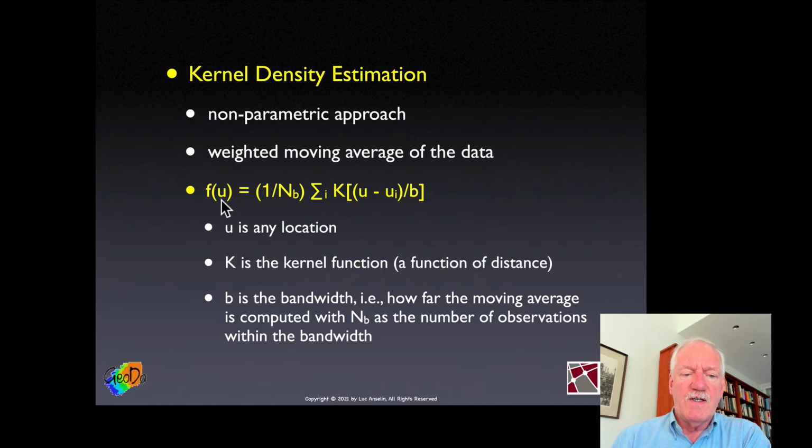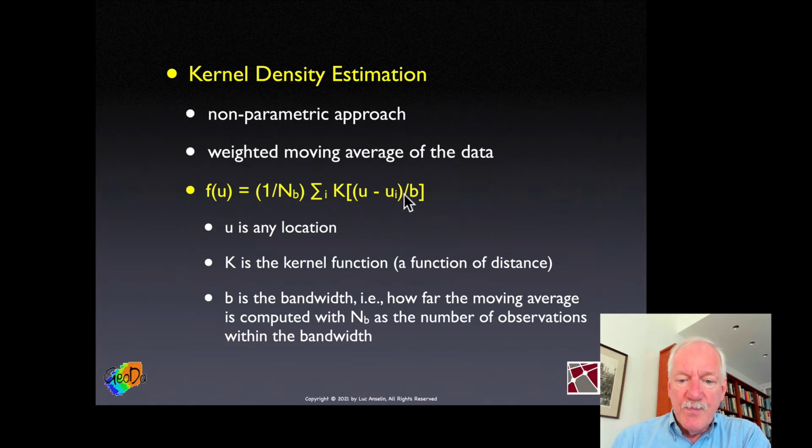think of it as being centered on a given location, u, and we are summing what happens at other locations, u sub i, but we actually don't sum all of them. In practice, we only sum those that are within a bandwidth distance from the point u.